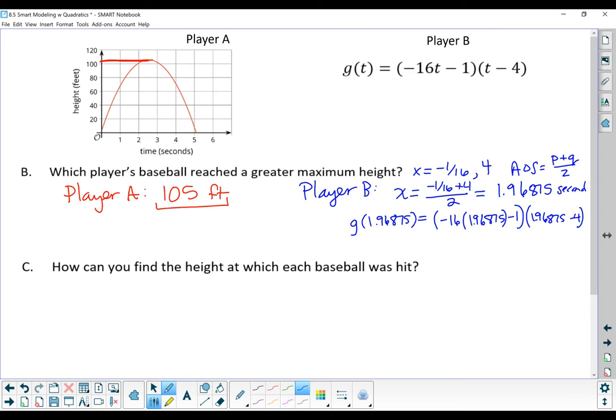I'm going to calculate that in my calculator. That gives me 66.02 feet if I round to the nearest hundredth. So if we were looking for the greater max, that would also be player A's ball.